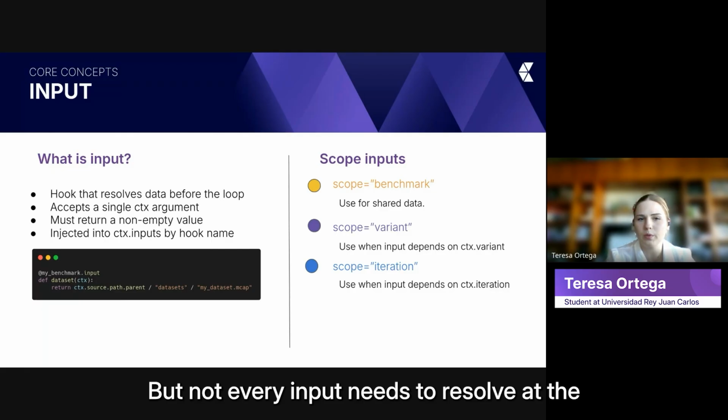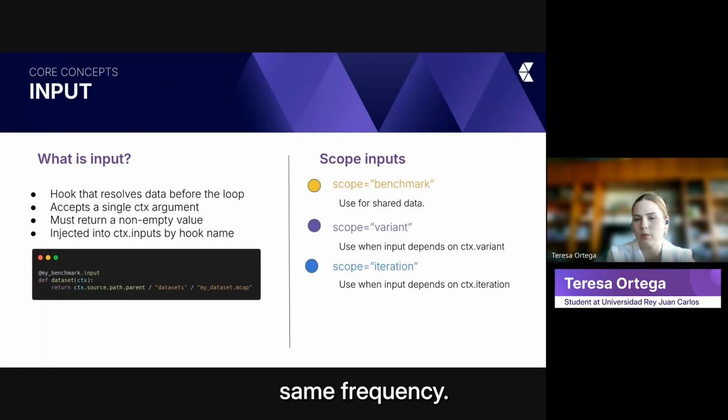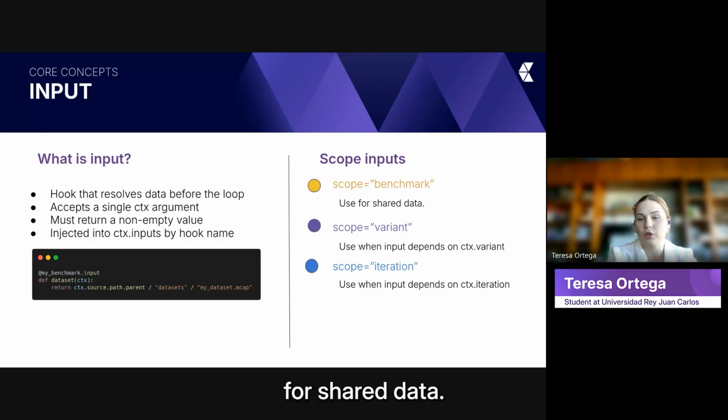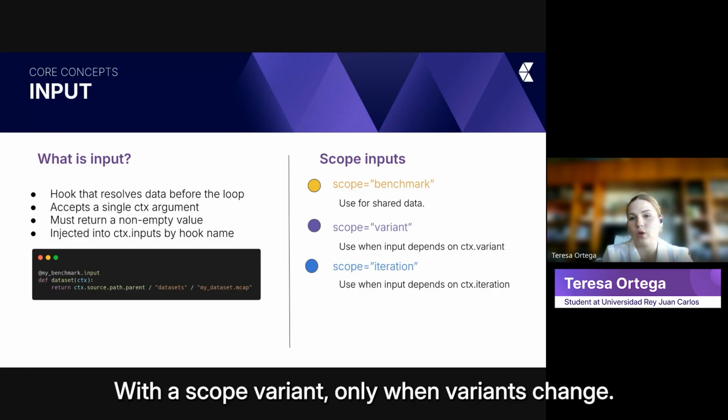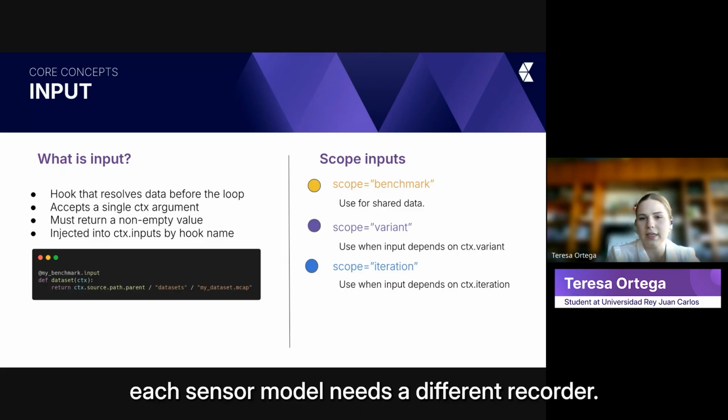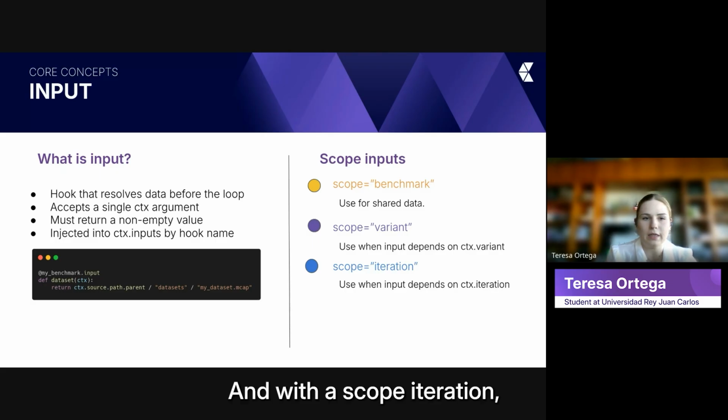But not every input needs to resolve at the same frequency. With a scope benchmark, it resolves once for the whole run for shared data. With a scope variant, only when variants change, for example, if each sensor model needs a different recording. And with the scope iteration, if it depends on the specific iteration.